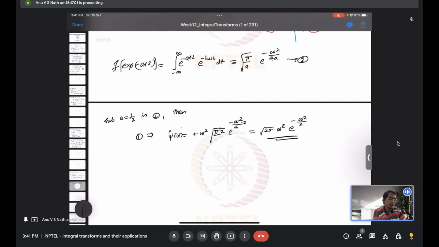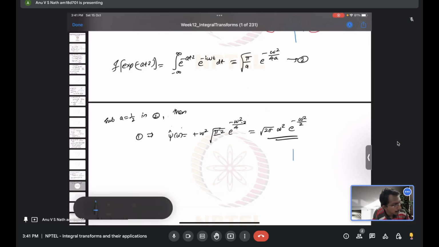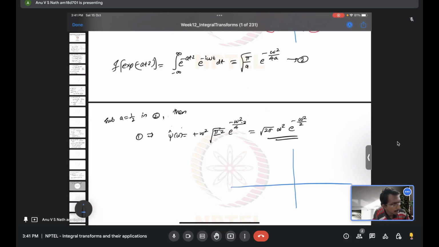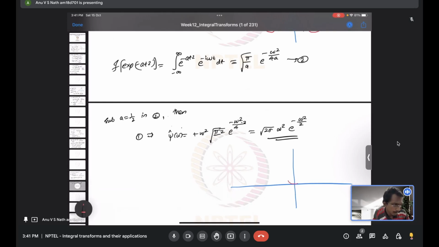Now this is also a polynomial multiplied with a Gaussian with some scaling. If you try to plot its Fourier transform, it should go to 0 at omega equal to 0, and at infinity also it decays, but initially it has a growth because of the quadratic multiplication.